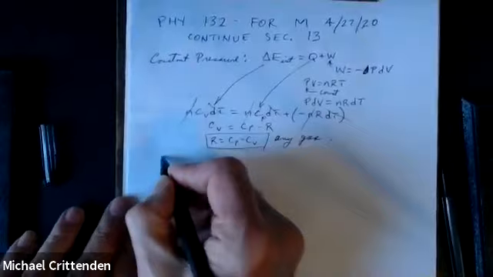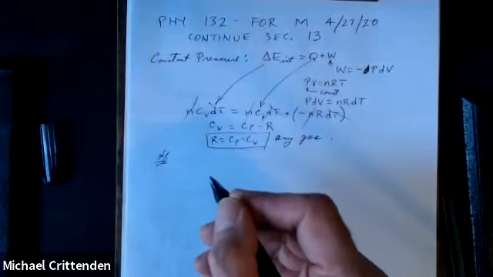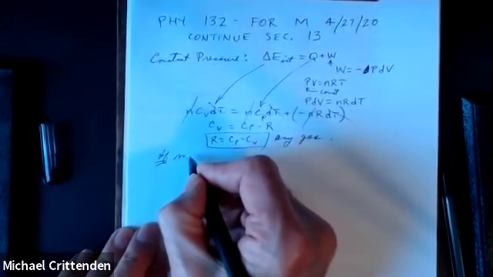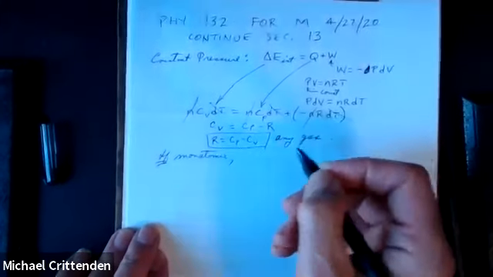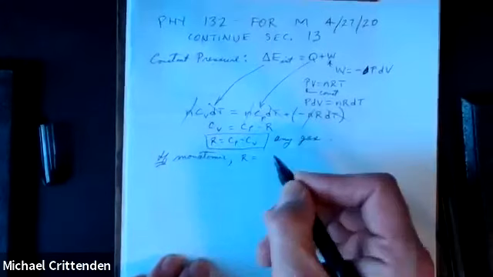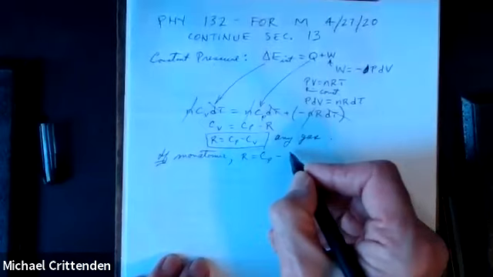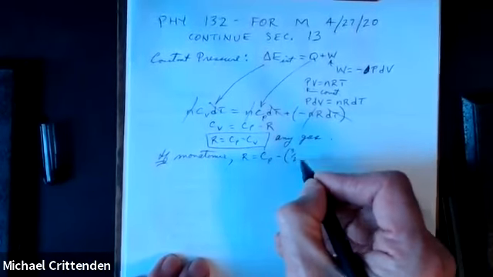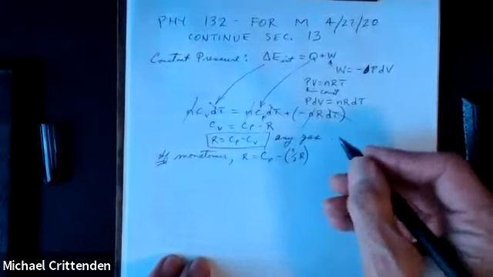If it's a monatomic gas, if it is helium or argon or one of those, then I had said right at the end of the previous recording that CV is equal to 3/2 times the gas law constant. Add that to both sides.